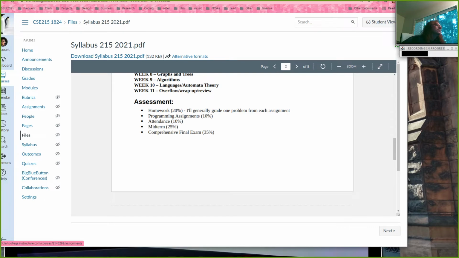So attendance is 10%. Homework is... Midterm and finals being worth 50 or 60% of the grade is how you know you're in a STEM class. Programming assignments are only worth 10%, which is good.